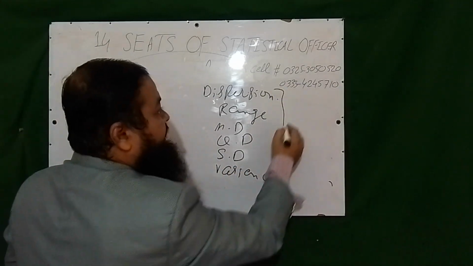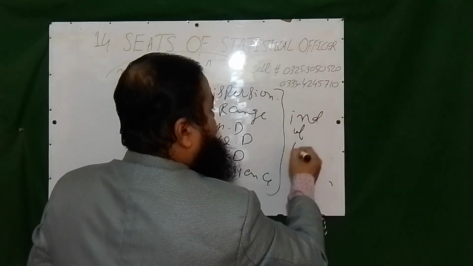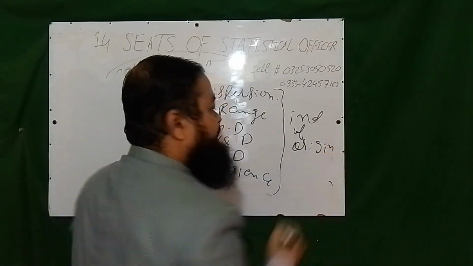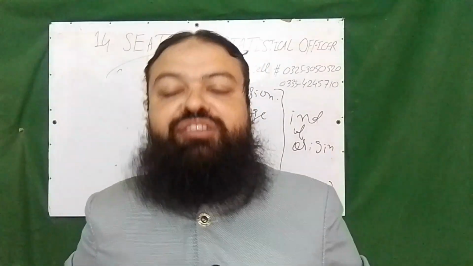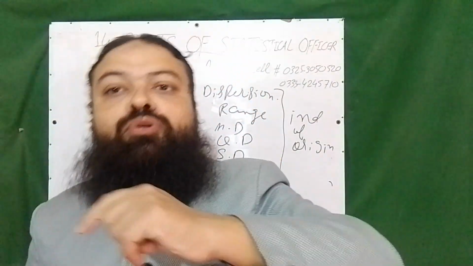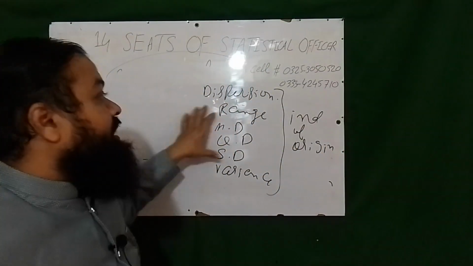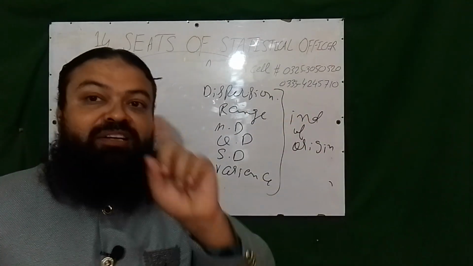They all are independent of origin. As we learned earlier, all measures of central tendency are dependent upon origin and scale, but these all are independent of origin but not scale.